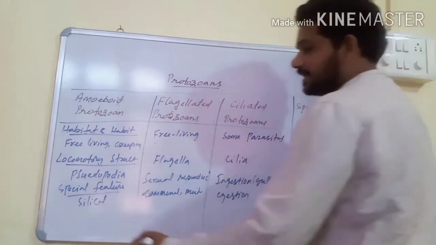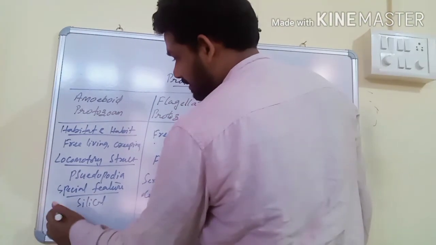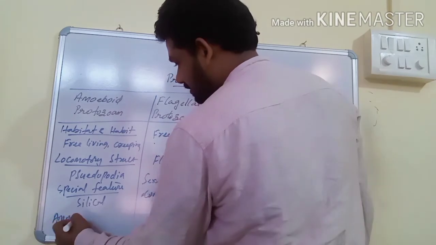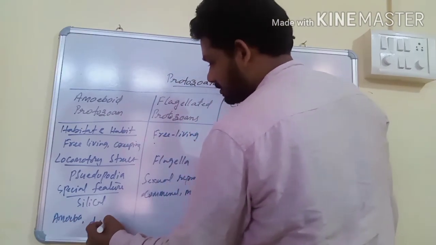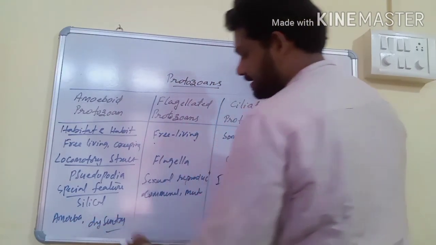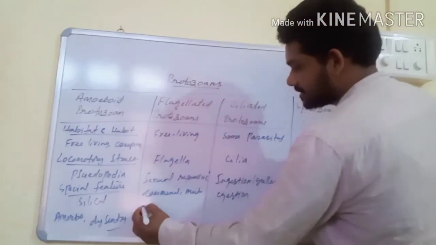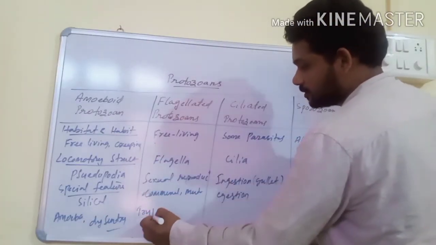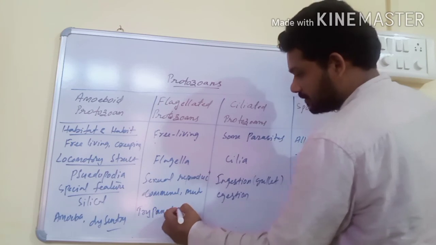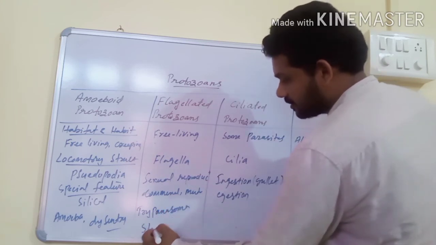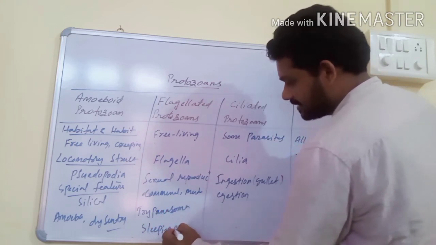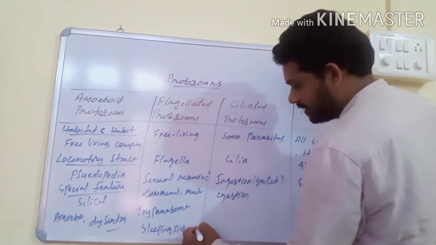Some examples. The best examples for amoeboid protozoans are Amoeba and Entamoeba, which cause dysentery. The best example for flagellated protozoans is Trypanosoma, which causes sleeping sickness.